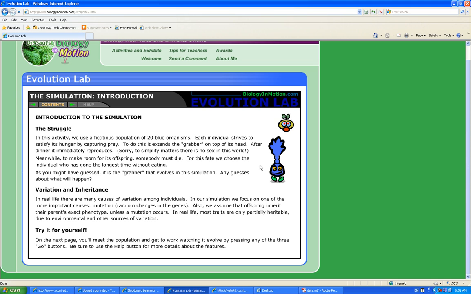And in this world, when they reproduce, ideally they reproduce the same organism. Meaning, if their grabber is so big, then they reproduce with an organism that looks like them. Of course, if there's mutation, that changes. And the only thing we're going to mutate here is this piece.